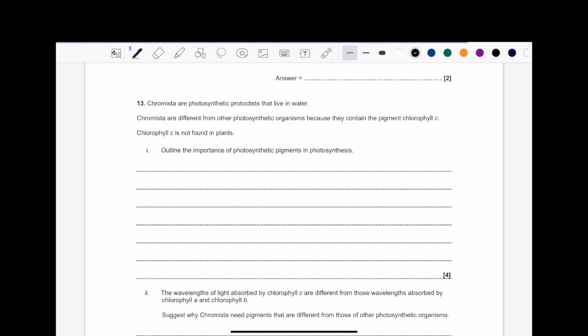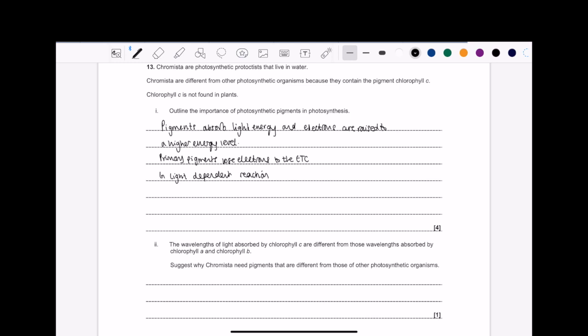There's so much that can be said here. Or another one might be that primary pigments become oxidized, e.g., they lose electrons to the electron transport chain. So again, that's just basically content. That's what I learnt in class, that's what the textbooks tell me, and so I just write it down. An easy 4 marks.